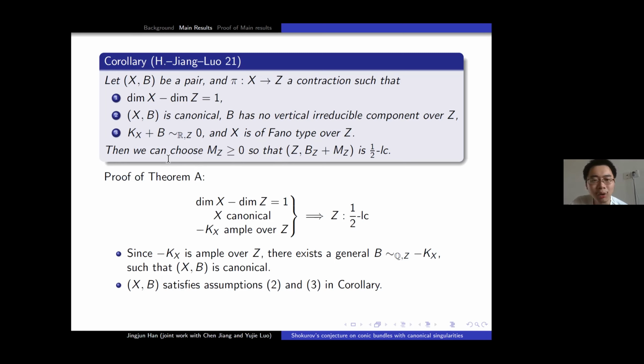Then by our corollary, we show that this pair, which is induced by the canonical bundle formula, is 1/2 log canonical. So in particular, the singularity of Z is 1/2 log canonical.